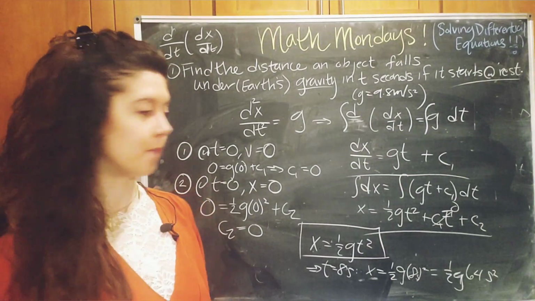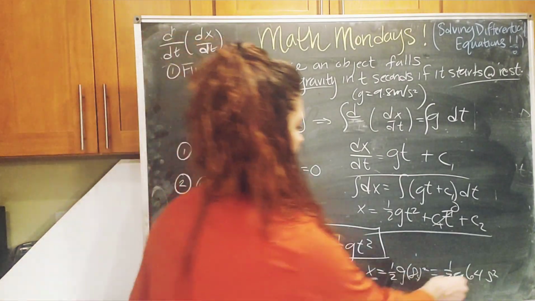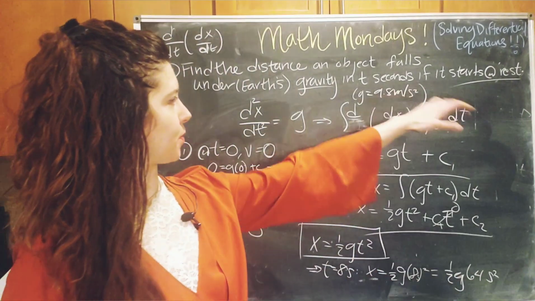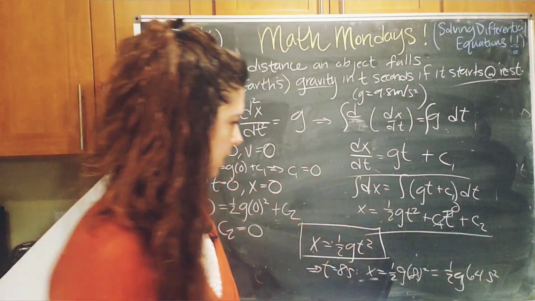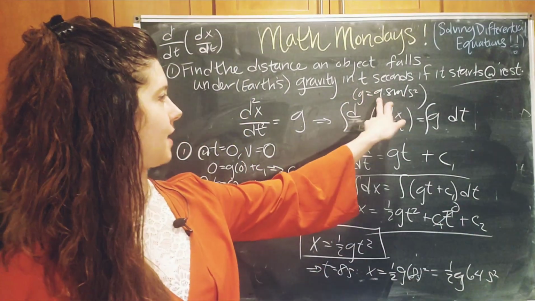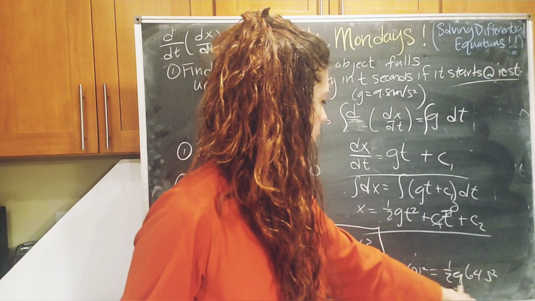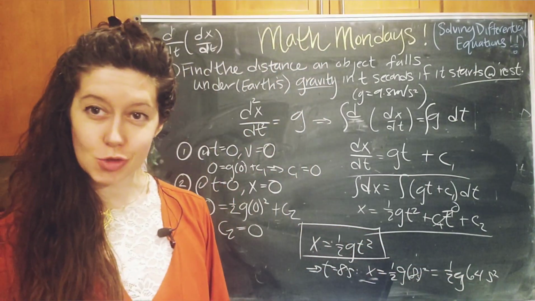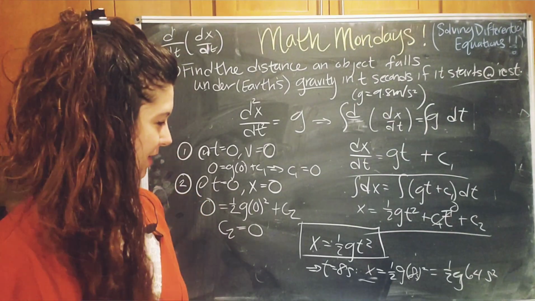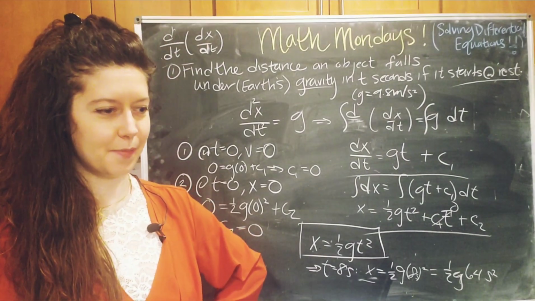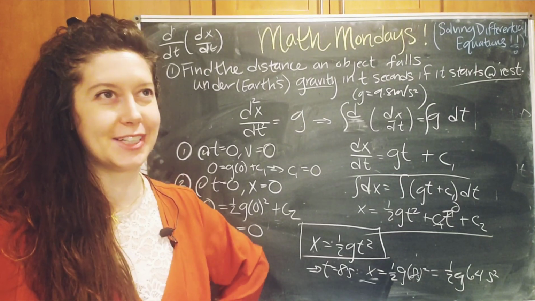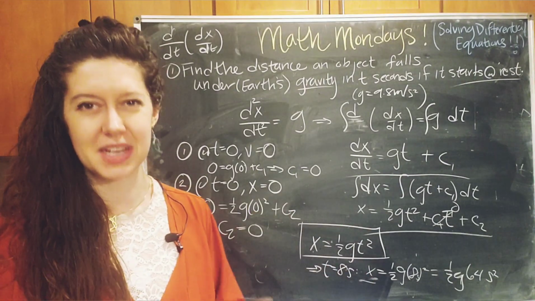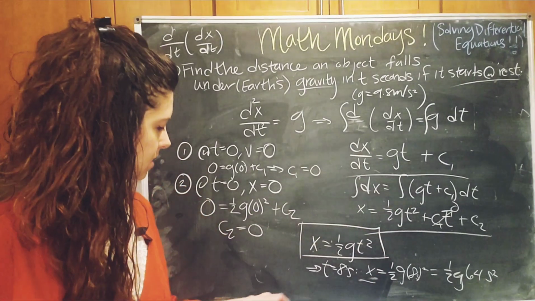So g has units of meters per second squared, so the seconds squared are going to cancel. And you're going to get 9.8 meters times 64 times 1/2, which gives you the distance that your object has traveled. I'll let you actually plug that in because I'm like a true physicist. The numbers in this case aren't of interest to me. It's the math behind the process.